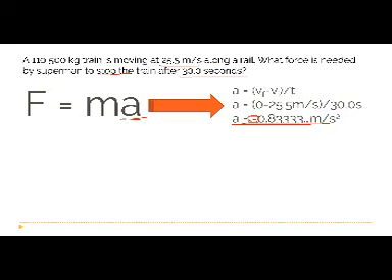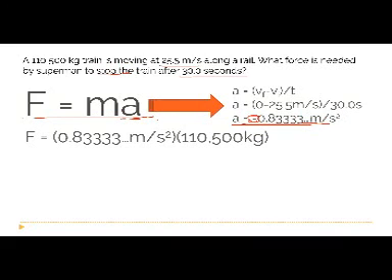Since the sign of acceleration is just an indicator, we will use the absolute value of our acceleration in the equation force is equal to mass times acceleration, which is positive. So 0.8333 times 110.500 kilogram. If we multiply these two, we will have a value of 92,083.333 newton.